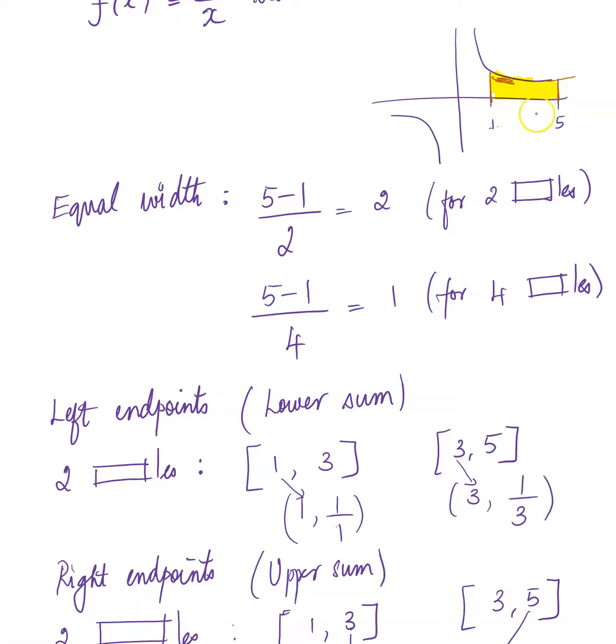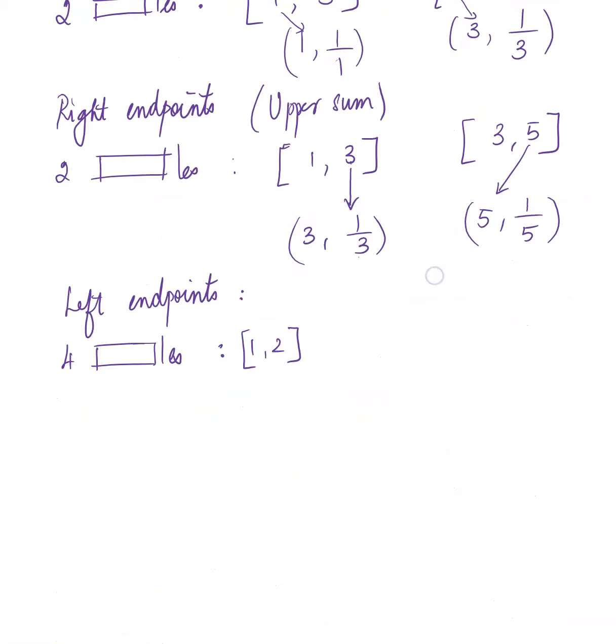In this case, 2 plus 1 is 3, and so on. Previously for just 2 rectangles, I just had to add 2 to this 1. That gave me 3 as the middle value for the 1 to 5 interval. So it's 1 to 2, 2 to 3, 3 to 4, and 4 to 5.